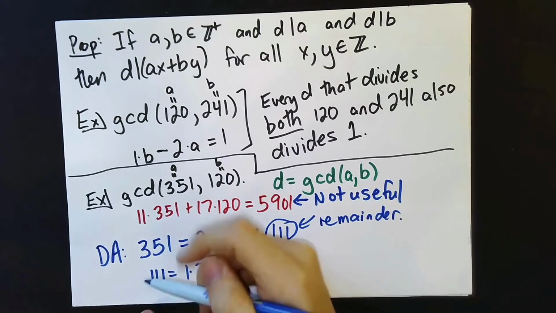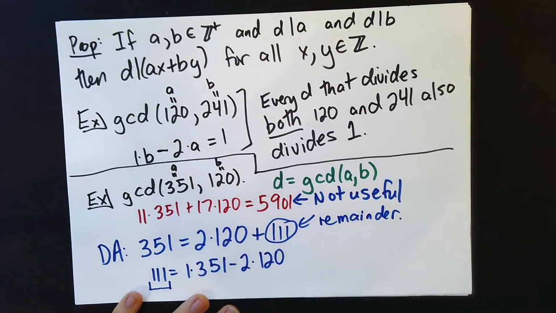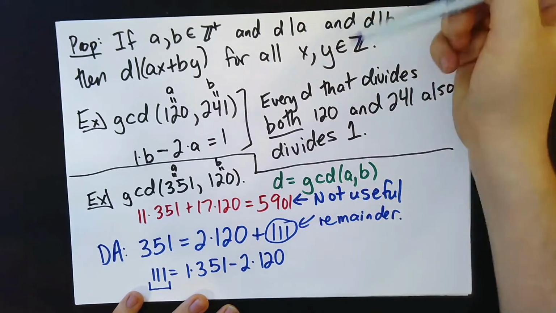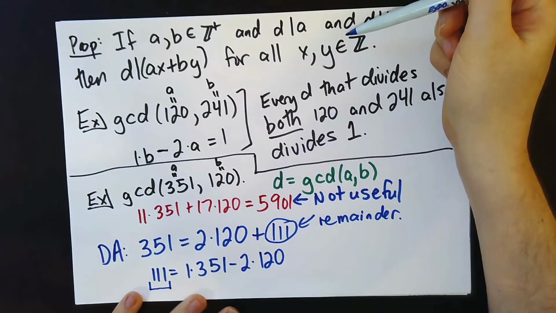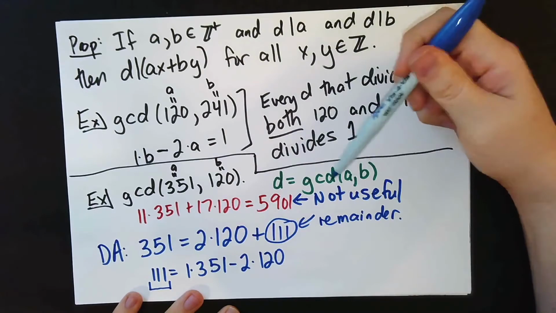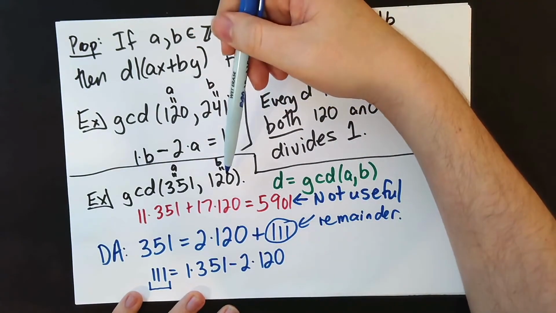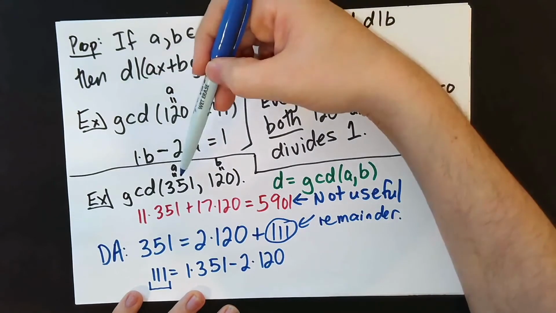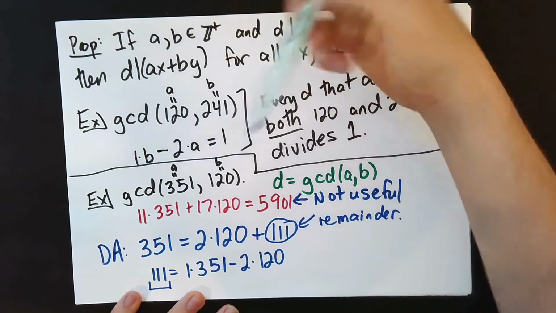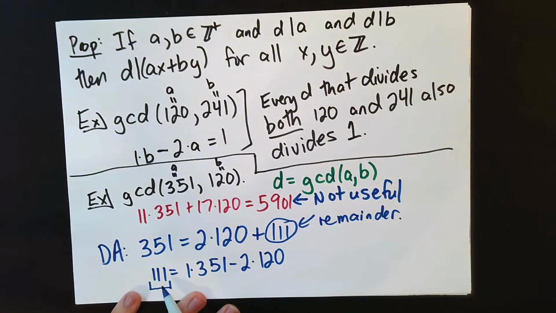And so this 111 here is a linear combination of 351 and 120, just like our proposition told us. And so I still don't know what the GCD of 351 and 120 is, but I know that whatever the GCD of 351 and 120 is, it also divides 111.